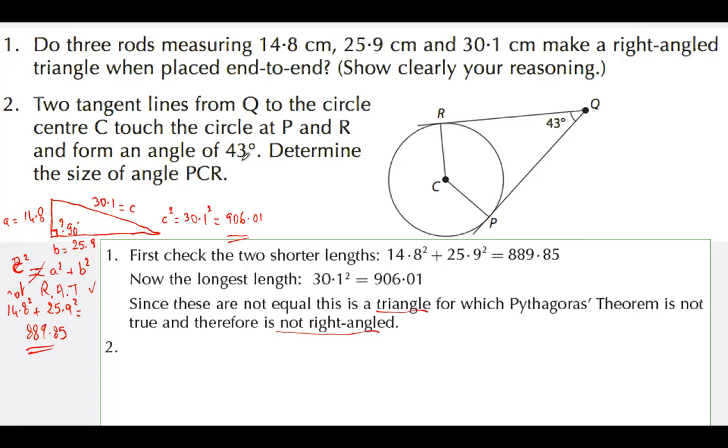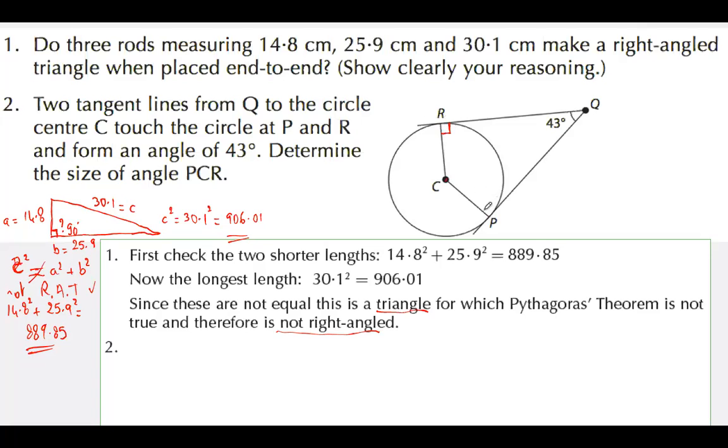Question 2, it's all to do with, remember all the things we did with angles in a circle. Whenever you get the center of your circle and you see a tangent touching the circle, the line between your center to the point where the tangent is touching always makes a right angle.